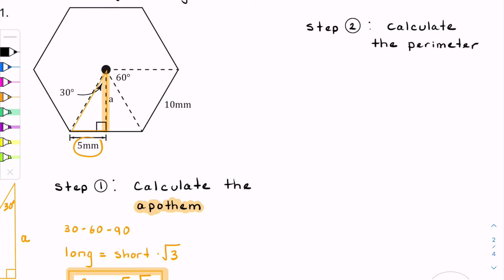So calculating the perimeter is something we've already done, and we're looking at the number of sides, which in this case is a hexagon, so 6, times the length of each side, which is 10. If this is the equation, our perimeter is 60 millimeters.